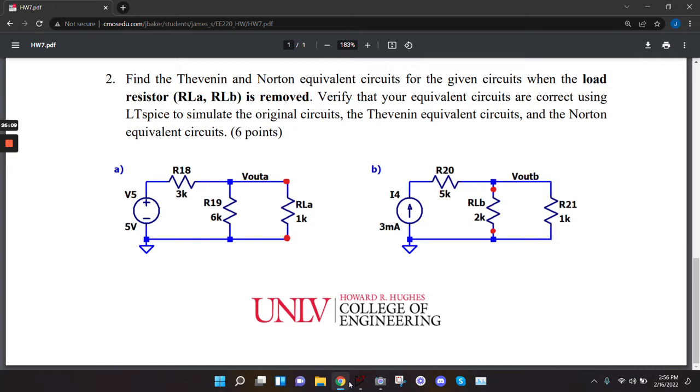That's my load. That's a 2K. Sorry, I'm still drawing. Almost done. And 1K. And this is called V out B. All right.